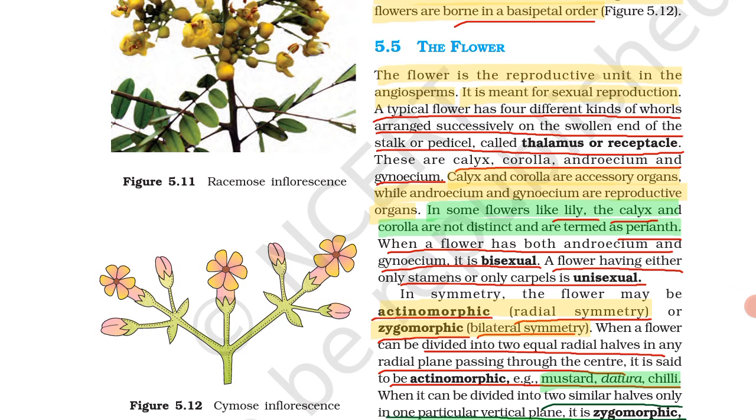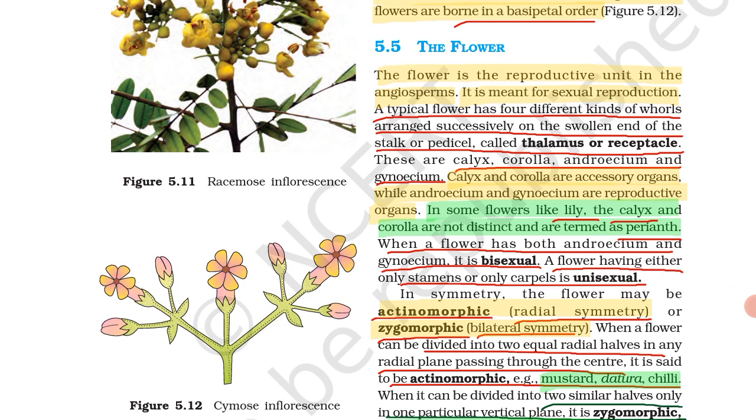It is a reproductive unit in angiosperms meant for sexual reproduction, and it has four different kinds of whorls that are successively arranged on the swollen end of the stalk or pedicel, called the thalamus or receptacle. The four floral whorls are calyx, corolla, androecium and gynoecium.